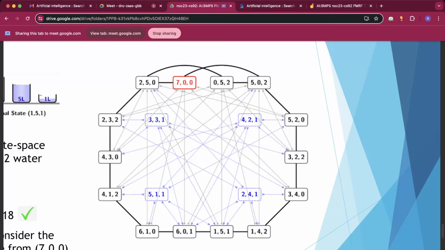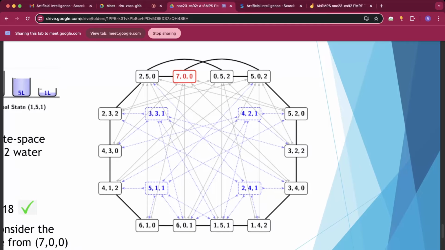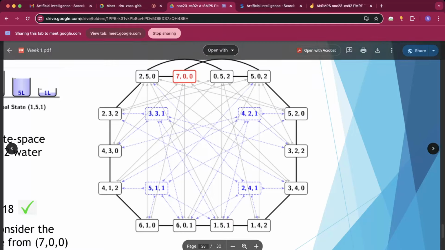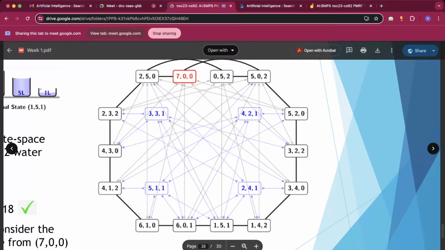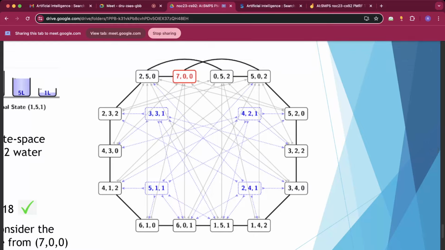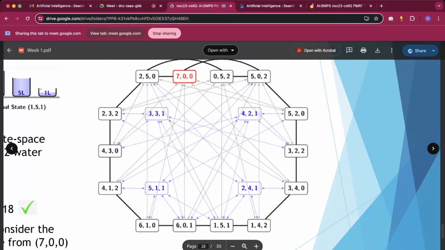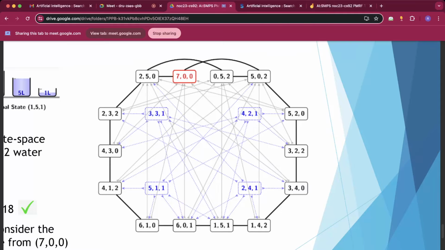What I mean to say is these 4 blue dotted states that you see, 331, 421, 511 and 241, cannot be reached if we have 700 as the initial state. But these states could exist in other circumstances, and we could reach certain other states from these 4 states. So don't worry about it if it seems a bit confusing as of now. As we go through the solution, it will become clearer.